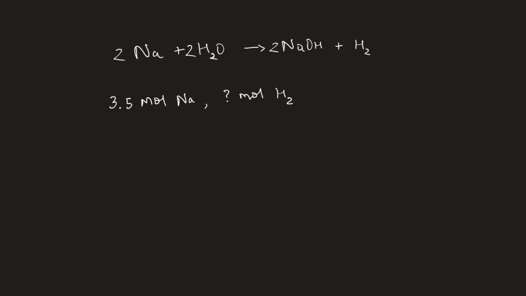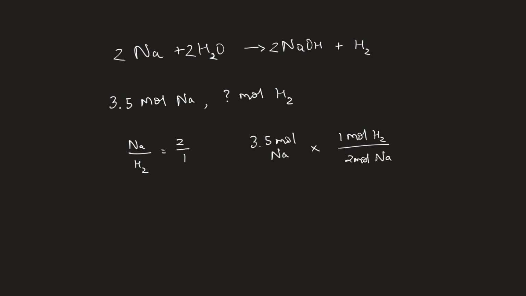I know that from the balanced equation, the ratio of sodium to H2 is 2-to-1. Using that, what I can do is write 3.5 moles of sodium and multiply it by 1 mole of H2 and 2 moles of sodium.